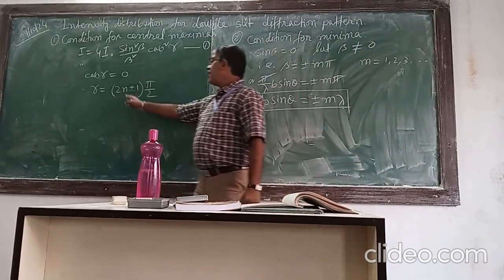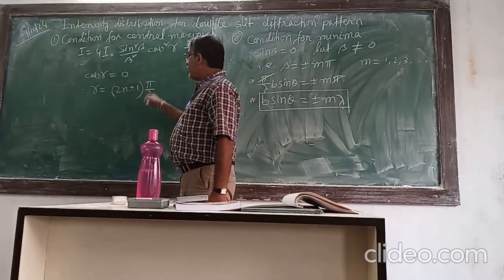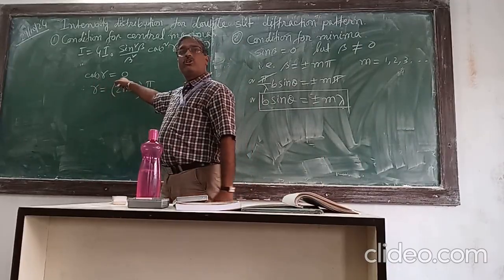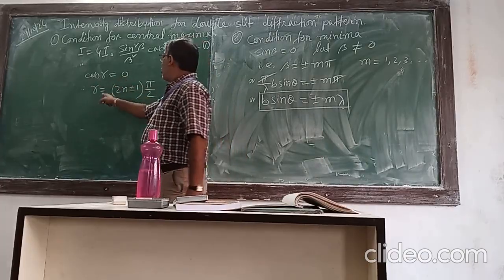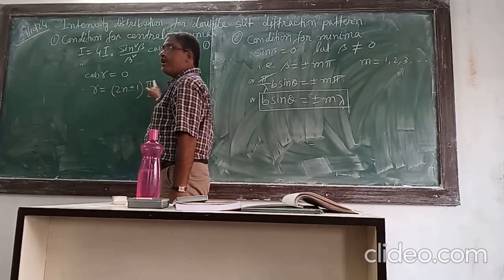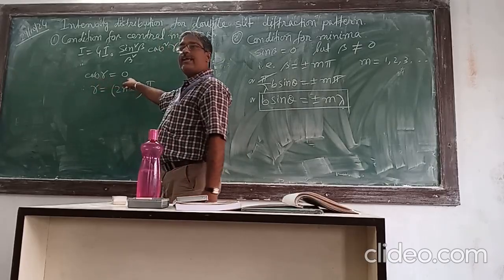Why? When n equals 0, it is pi by 2, and cos pi by 2 is 0. When n equals 1, it is 3 pi by 2, and cos 3 pi by 2 is again 0.